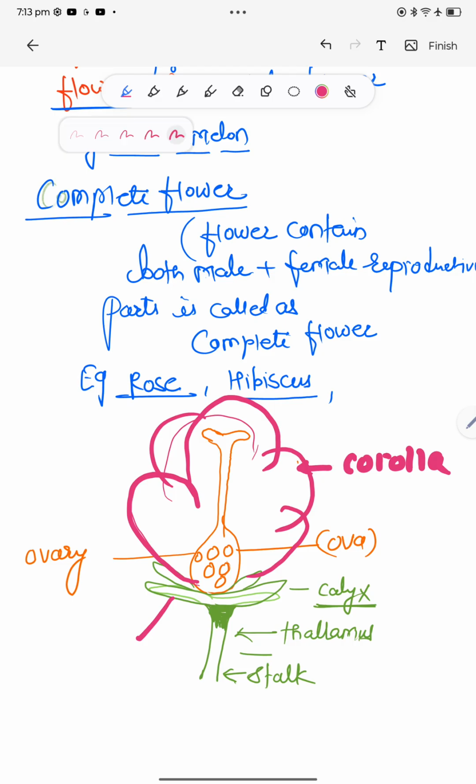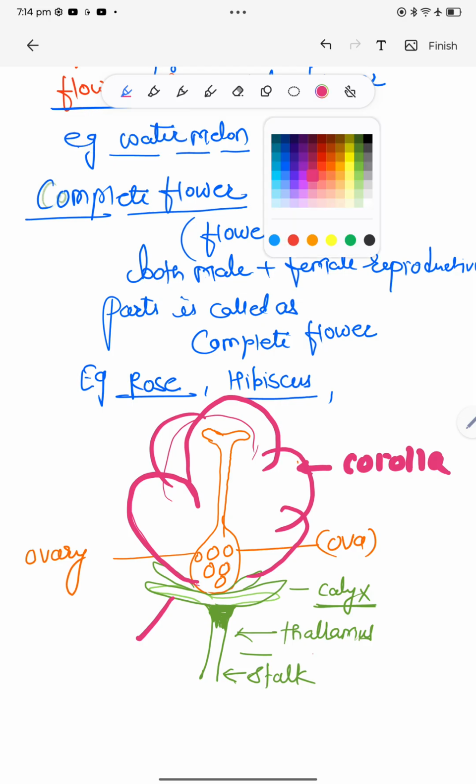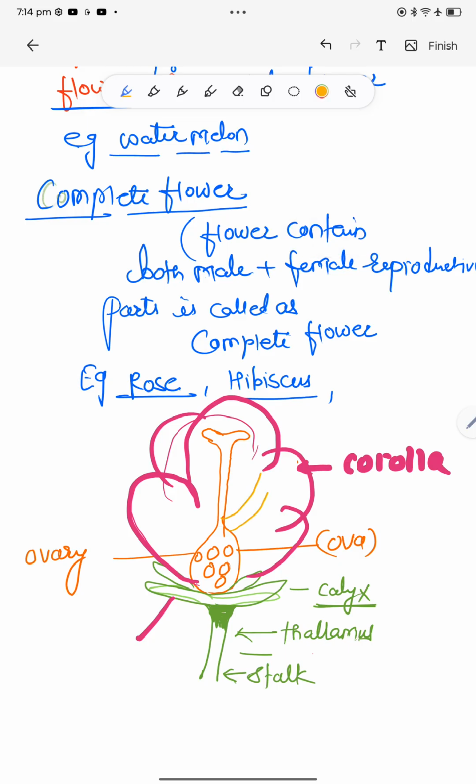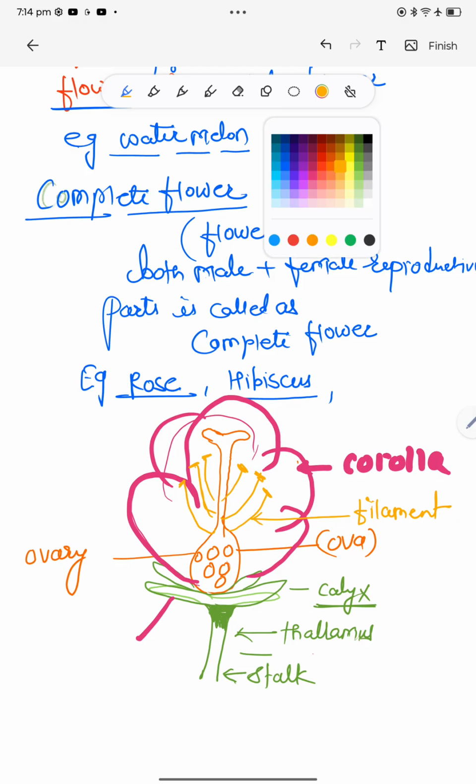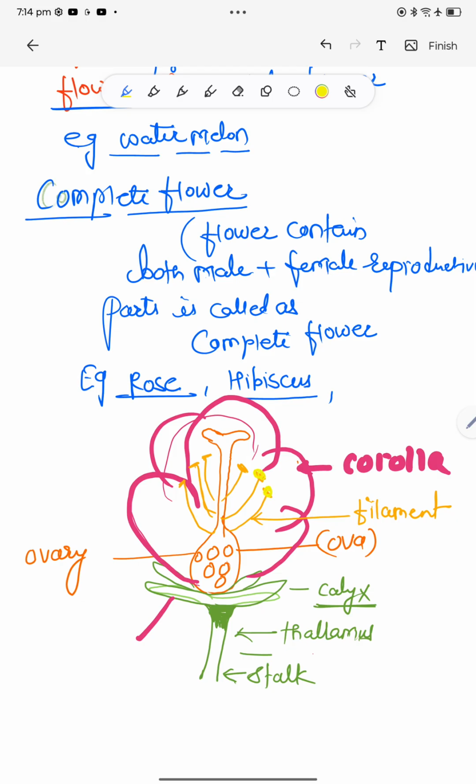Now we draw the next part. The male reproductive part is the anther. The anther produces the pollen grain. This thread-like structure is called the filament, and this yellow part is the anther.